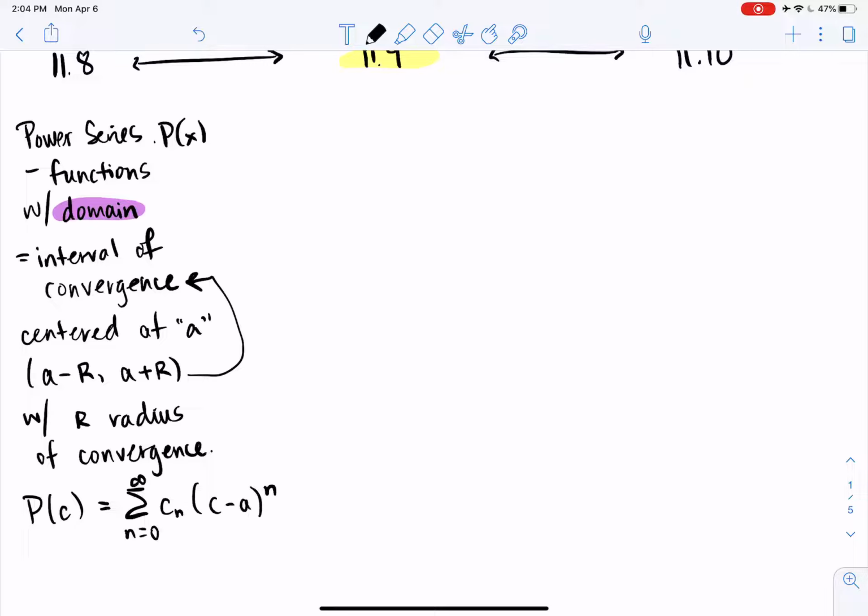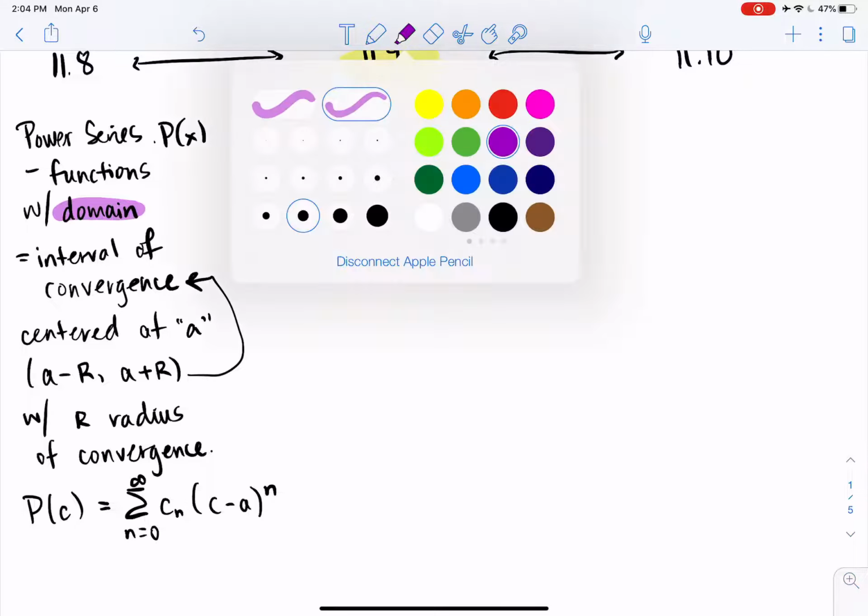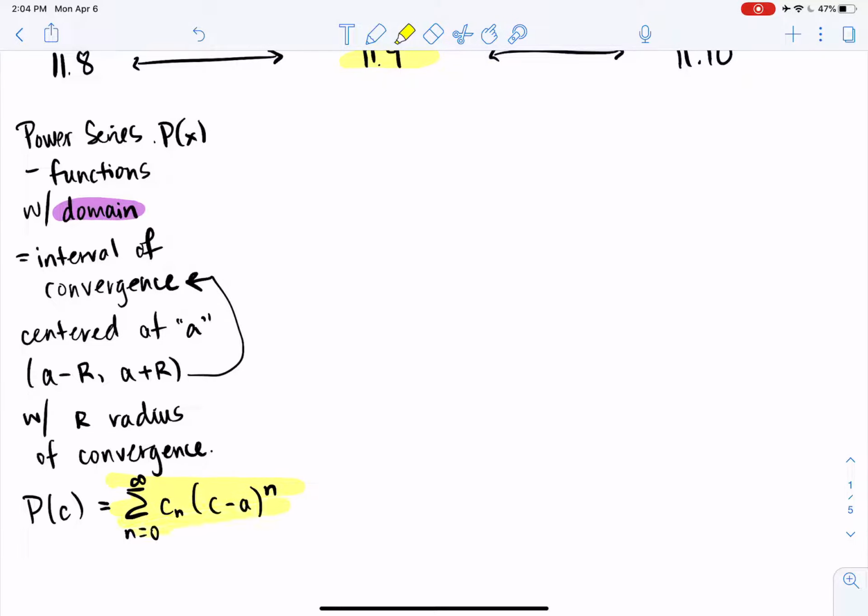And we know how to deal with these series from 11.2 through 11.6. More than likely, these series are going to end up falling into the category of either a geometric series or an alternating series, and we'll be able to discuss whether or not this number, P of C, converges or diverges.